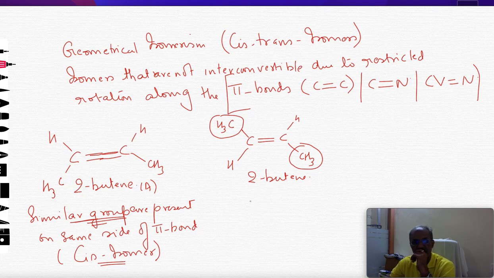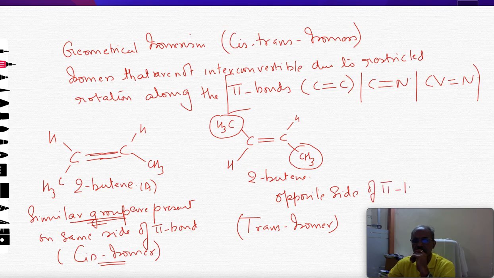So this is known as trans isomer. Trans isomer is what? Opposite side of the pi bond. Right? So this is now known as trans isomer.